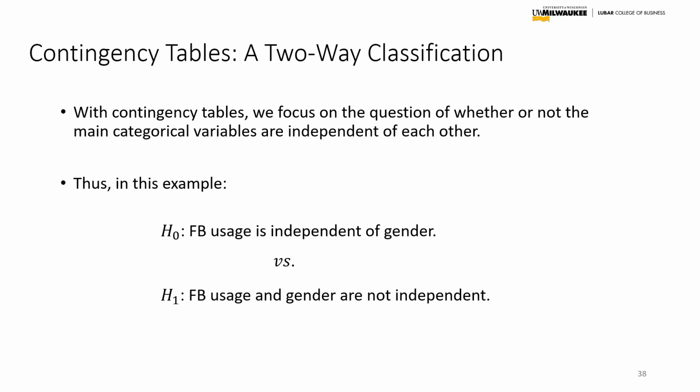A contingency table, sometimes called a two-way classification table, has us focus on a fundamental question of whether or not the main categorical variables are independent of each other. In this case, we are asking if Facebook usage is independent of gender.